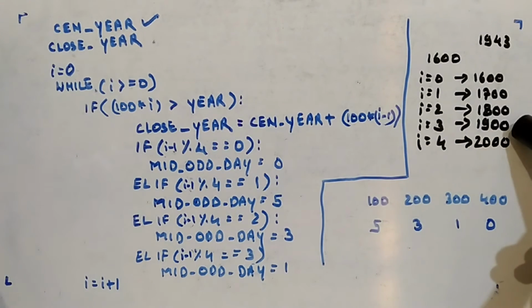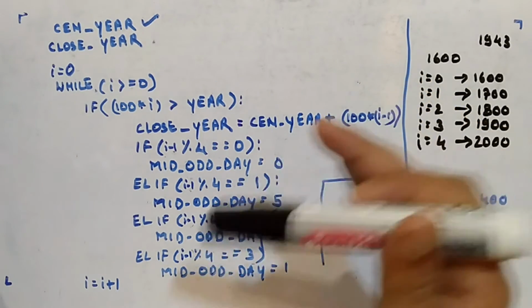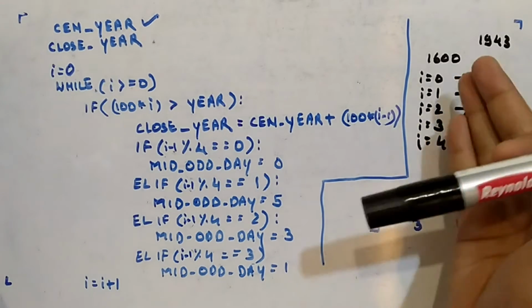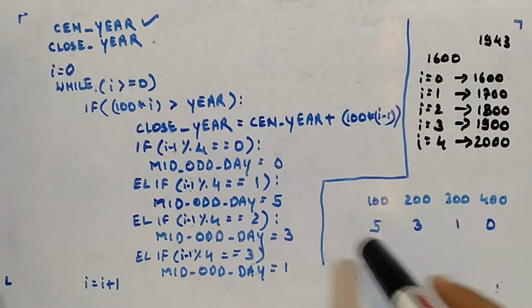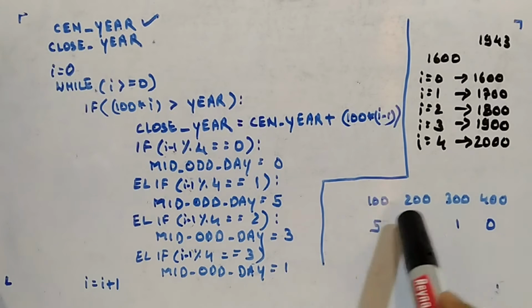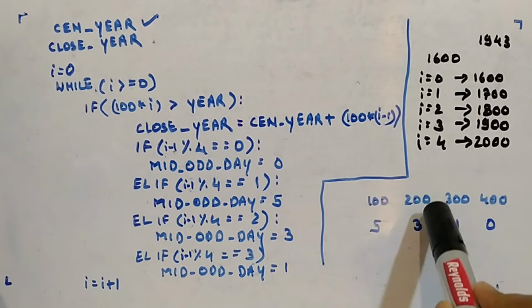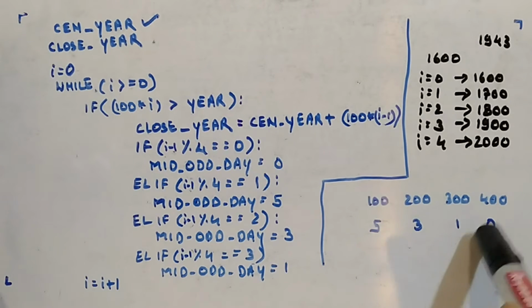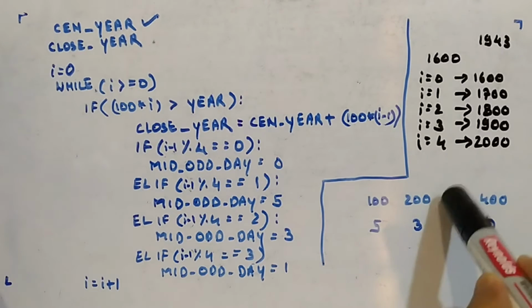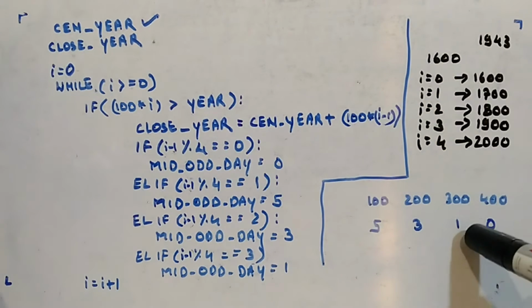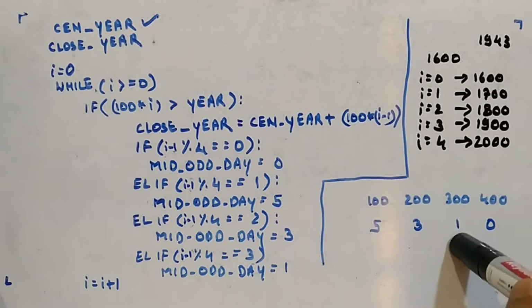Since you have come 300 years more from 1600, look at the table we have seen before. For 100 years it is 5 odd days, 200 is 3 odd days, 300 is 1 odd day, 400 is 0 odd days. So we have come 300 extra, so 1 odd day we have to store.